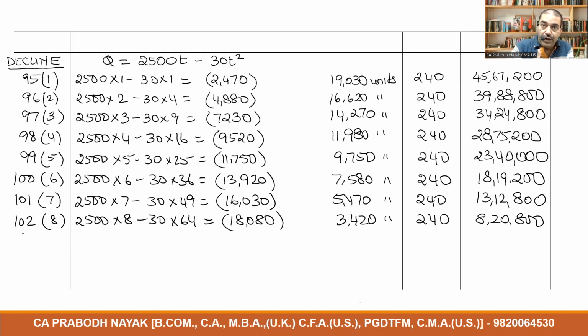It should fall to 1,500. Remember that. Keep a track of the number of units now. We are going to stop production if it is closing up to 1,500. So 103, 9, 2,500 into 9 minus 30 into 81. 20,070. 21,500 minus 20,070 is 1,430.